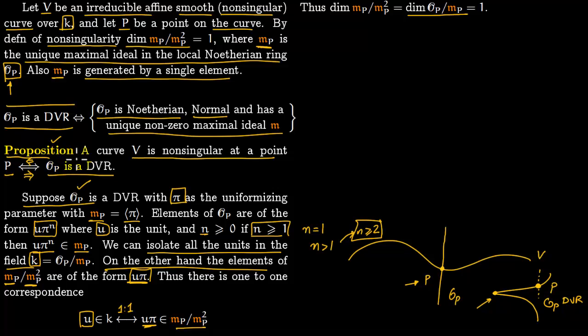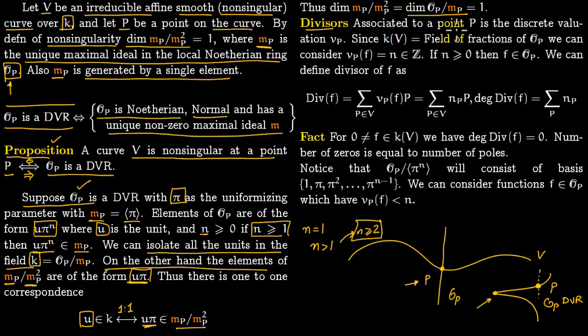So from here we can go to the story of divisors on a curve. Associated to every point P we have this discrete valuation v_P. So recall again how the discrete valuation ring was constructed. We basically put a valuation on some field K, and from that field K we went to the integers using our valuation.